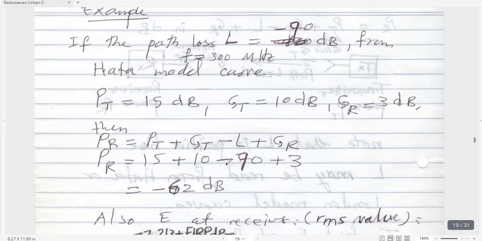This is an example. If the path loss L is equal minus 90 dB at a frequency of 300 megahertz, and the loss is minus 90 dB from Hatta model curve.